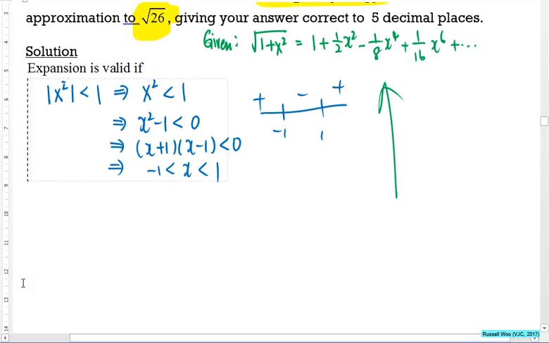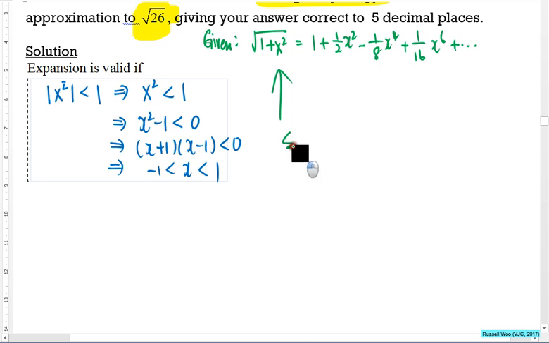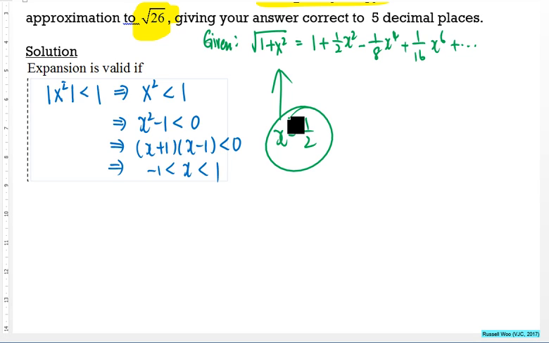The idea is this. Suppose I substitute x equals to half, can, valid.